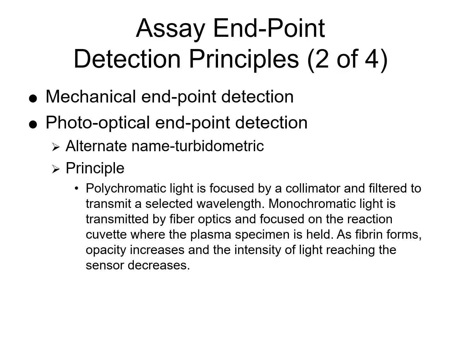This opacity scatters and absorbs light, reducing the intensity of light reaching the sensor. The decrease in transmitted light intensity is measured over time. So the point at which the light intensity drops indicates that there is a formation of a stable clot. This is widely used in PT, PTT, and fibrinogen assays in the automated coagulation analyzers.